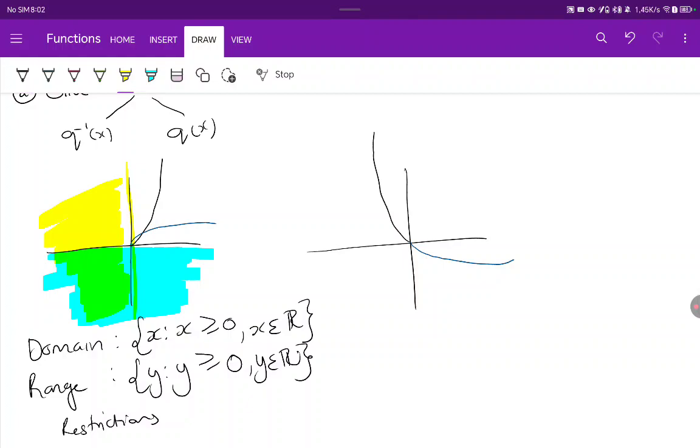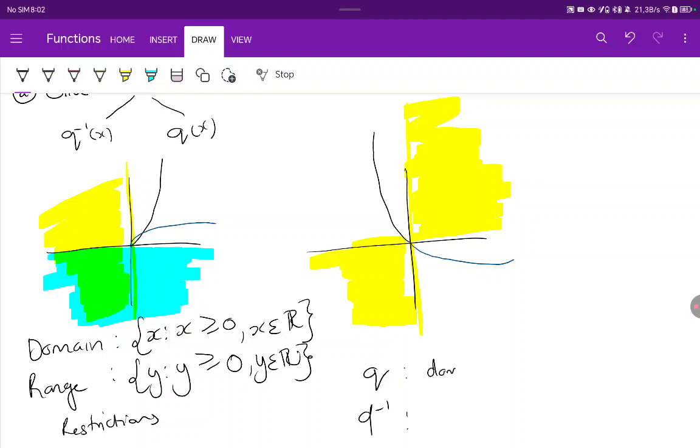If I'm using my Q graph and I draw my horizontal line on the Q graph, so the black line does not go this way, if you can see that. And the blue one does not go on this side. That's important.